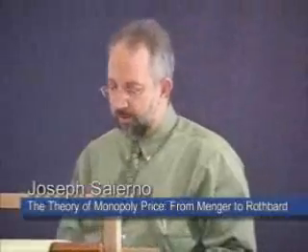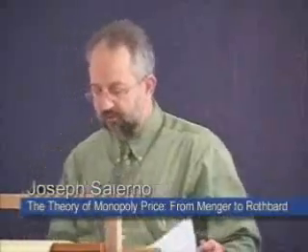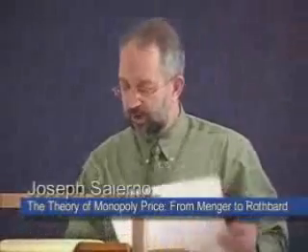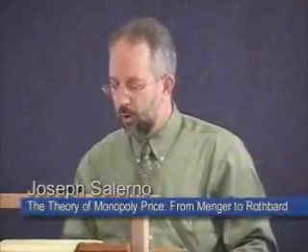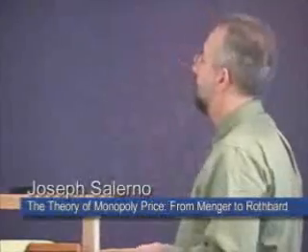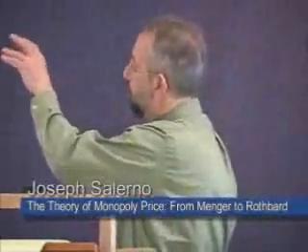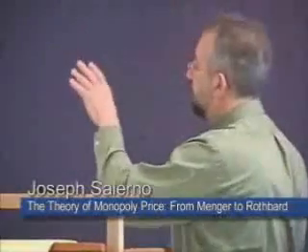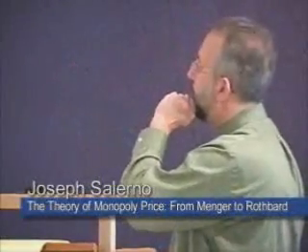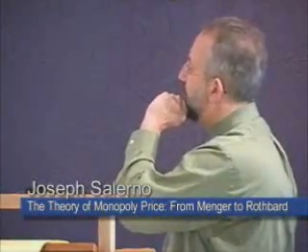Basically, you see that his theory of monopoly price is exactly Menger's. But he deepens it a little bit. Let me just look at this as a copper market and show you superficially what the theory says.